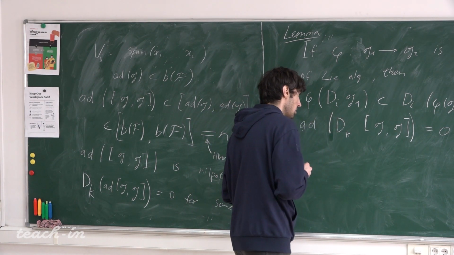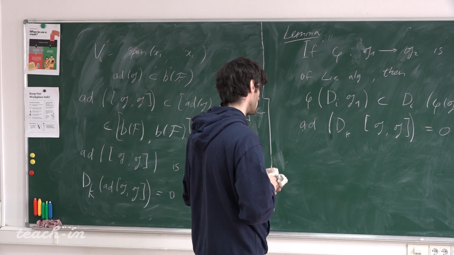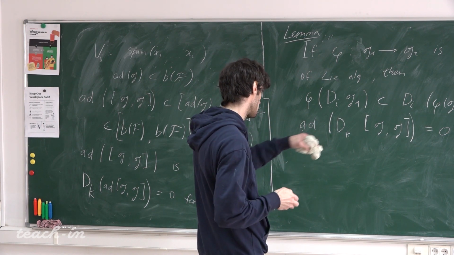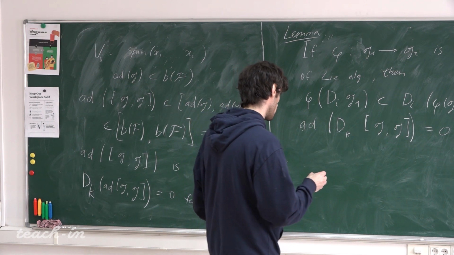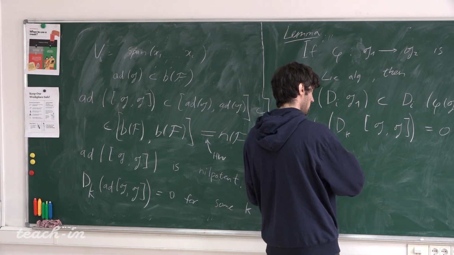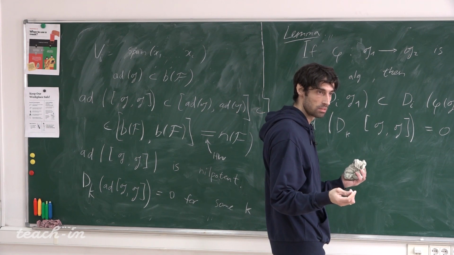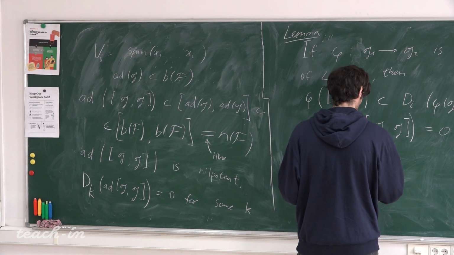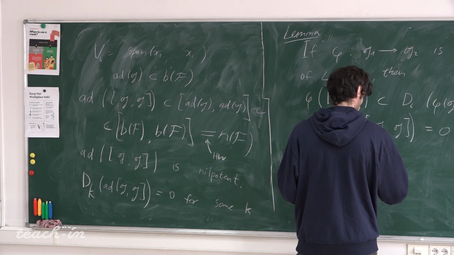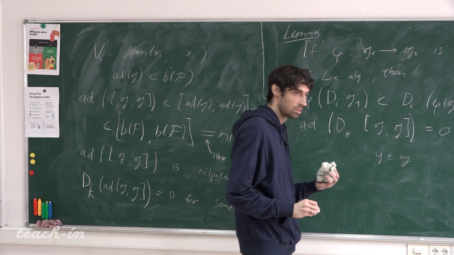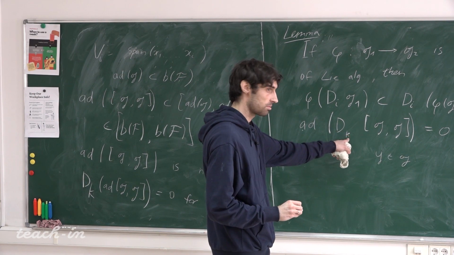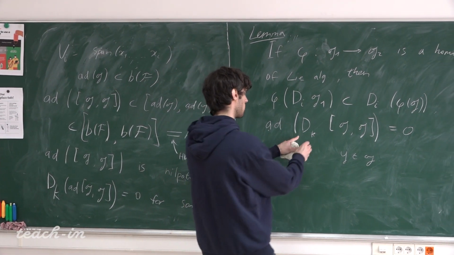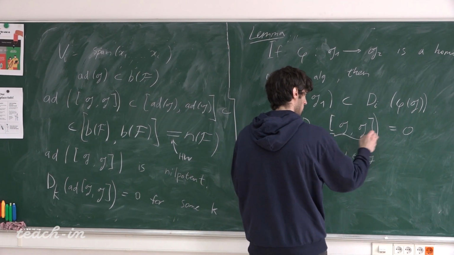Okay, but what does this mean? What is this thing? I take any y from G, and then start applying some commutators. So what is an element of this thing?